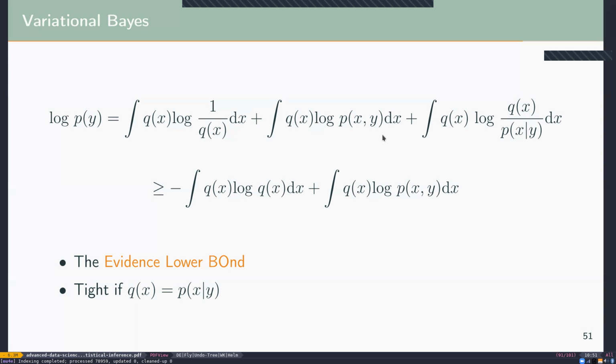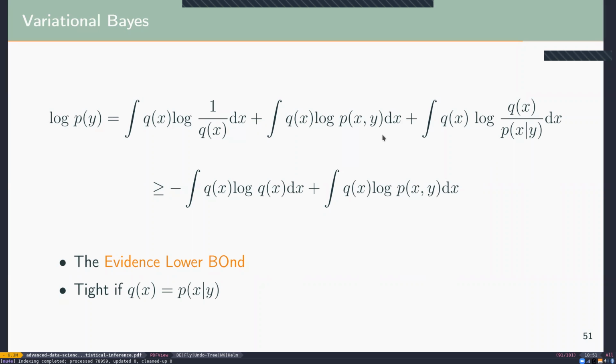What I did on the previous slide was write the top line of this, and that line is basically my Q, my approximation. P of x comma y is the joint distribution that you can always formulate if you've got a likelihood and a prior, because it comes from multiplication.